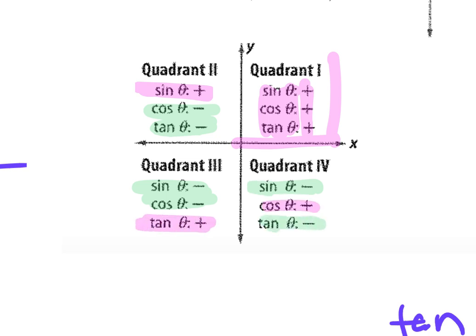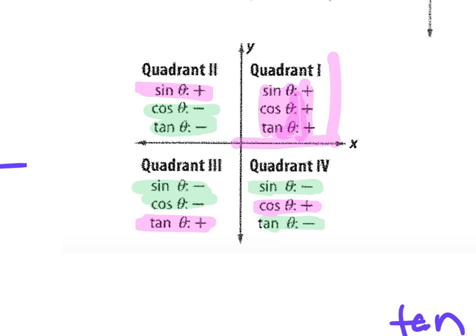So in quadrant 2, the sine values are going to be positive. Those are our y's. But cosine and tangent will be negative. Quadrant 3, tangent is positive. The other 2, the sine and the cosine, are negative. And quadrant 4, cosine is positive. The other 2 are negative.